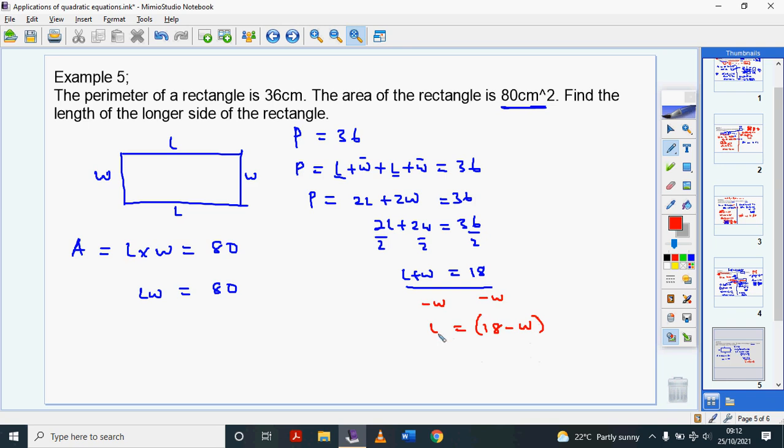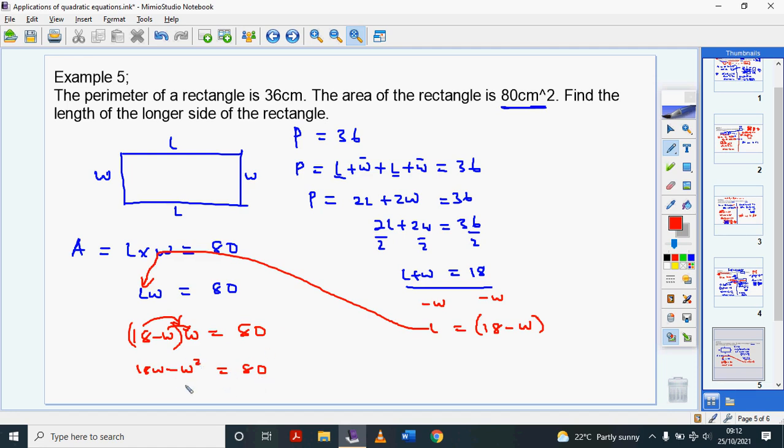So if I have L is equal to 18 minus W, I'm going to bring that and put it in this equation. Instead of L, I'll have 18 minus W, open brackets, W is equal to 80. Then when I expand this out, I'll have 18W minus W squared is equal to 80, right?